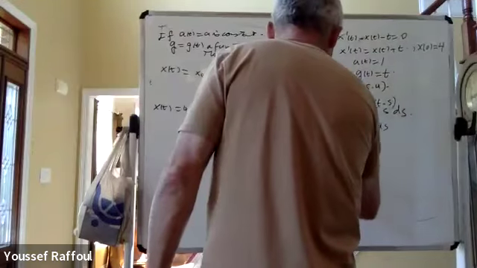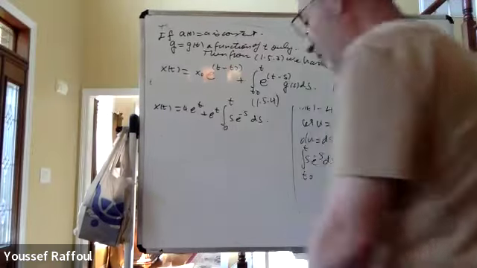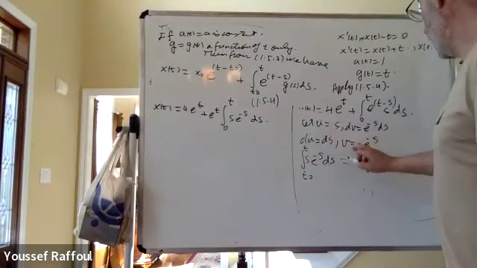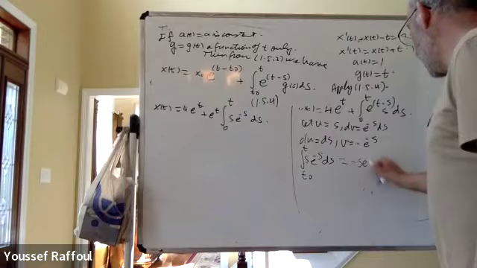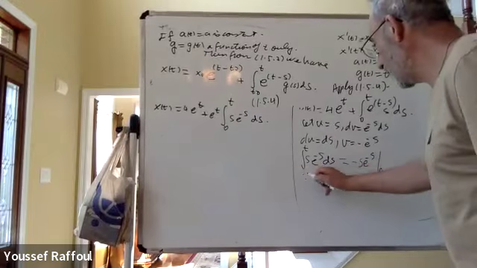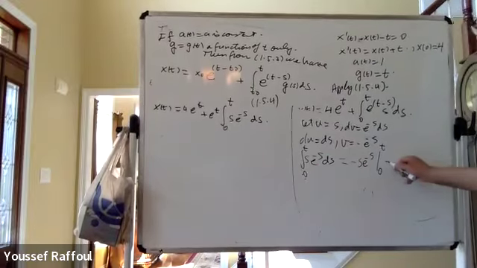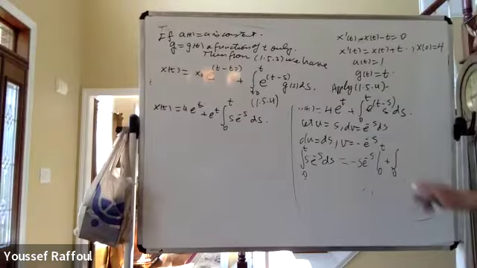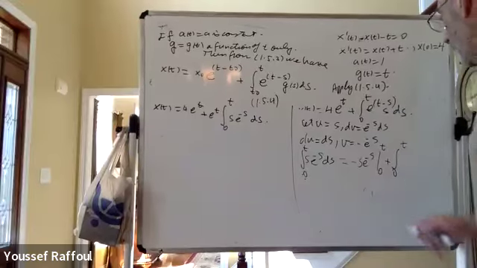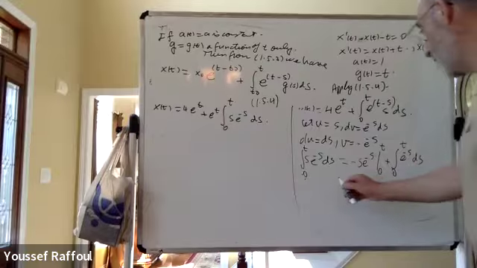So the integral of s e to the minus s ds from 0 to t is uv, which is minus s e to the minus s from 0 to t, plus, remember, it's uv minus the integral of v du, from 0 to t of e to the minus s ds.